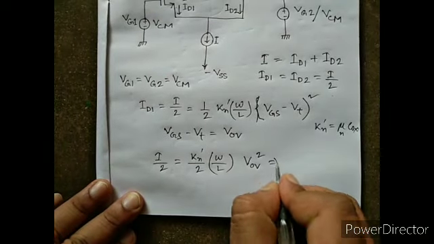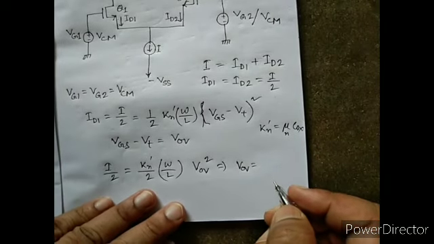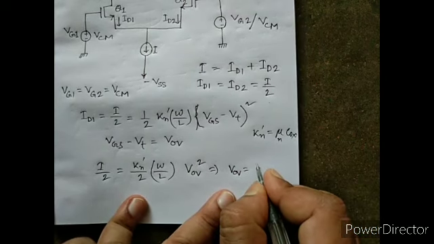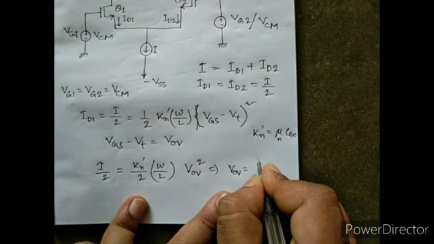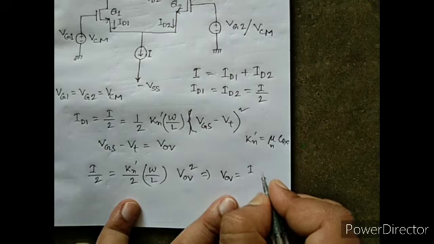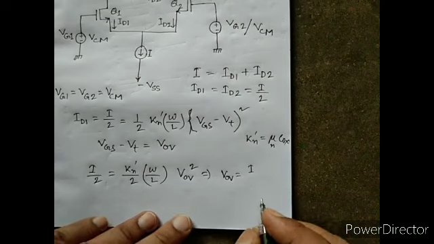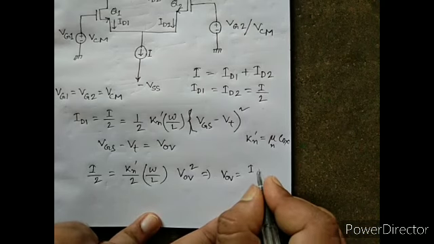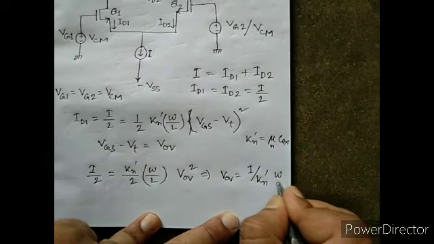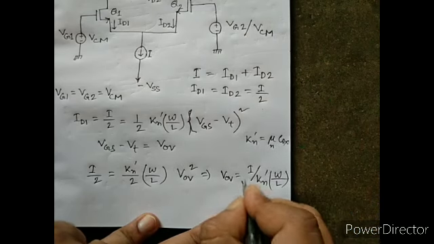From there we can find V_OV equals root over I by Kn dash W by L.